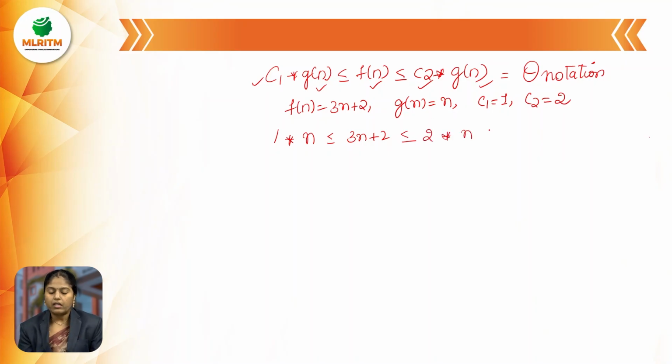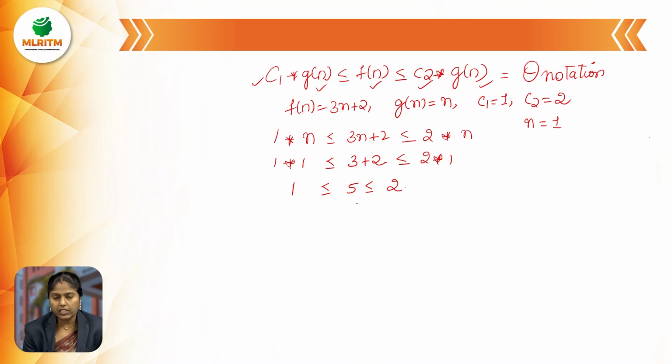N. Okay, from this, suppose if we take n is equal to 1, that is 1 into 3 plus 2, less than or equal to 2 into 1. It is 1 into 5 less than or equal to 2. Here, is the condition satisfied or not? Here the condition is satisfied, that is 1 less than or equal to 5, and the next one is 5 less than or equal to 2.